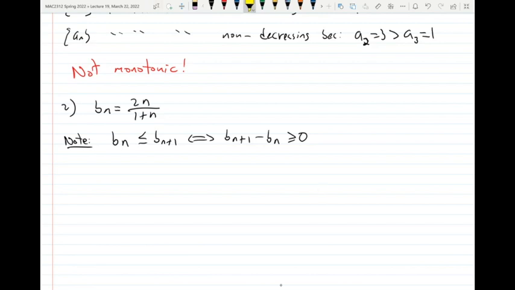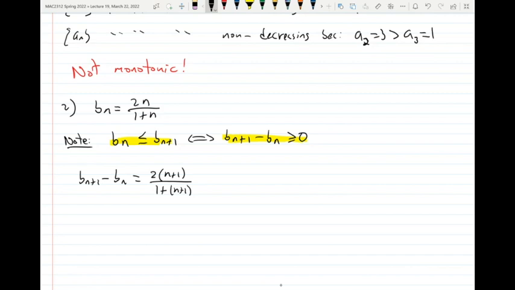All right, so to figure this out, what we're going to do is work here. Okay? Because it's easier. So let's consider Bn plus 1 minus Bn. What is this equal to? Bn plus 1 just means go to the formula and replace n by n plus 1. So that's 2 times n plus 1 over 1 plus n plus 1.